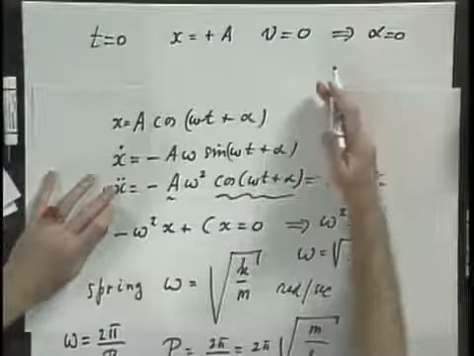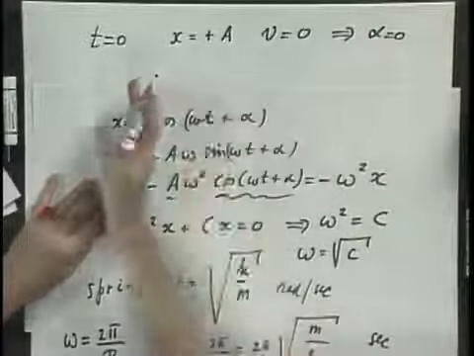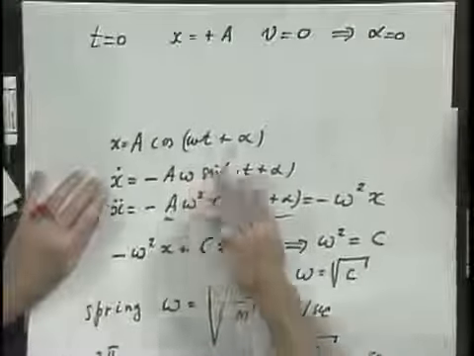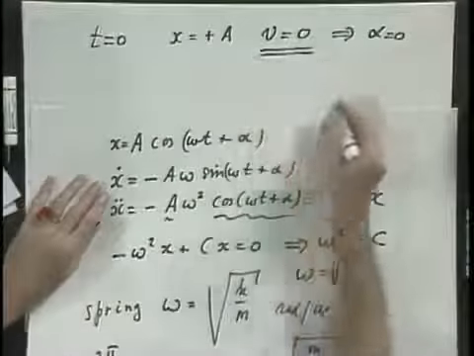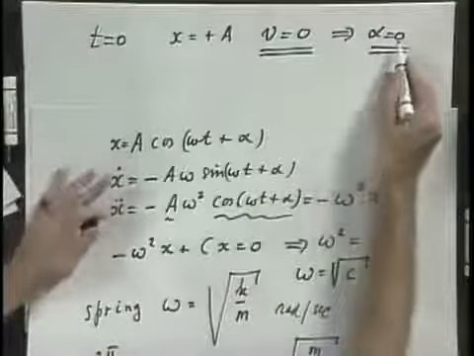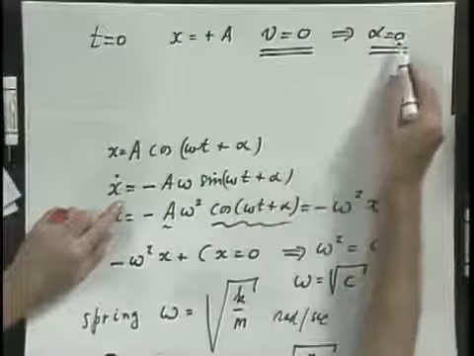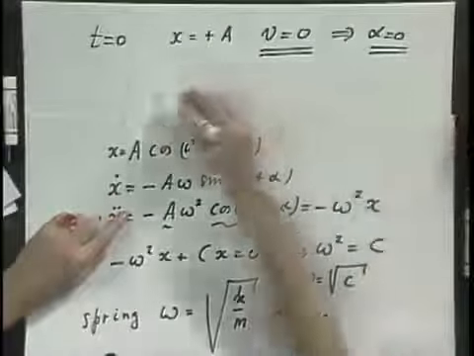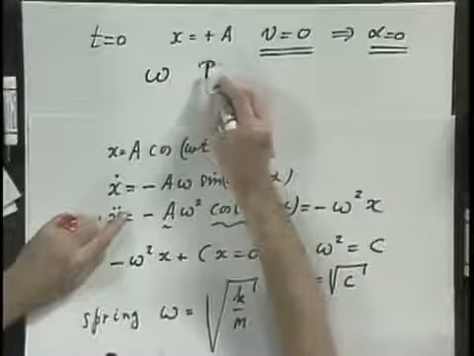A then is the amplitude of the oscillation. It's the maximum displacement in one direction, and then it is the maximum displacement in the other direction. But alpha is only 0 if you define it in this manner. If you define the time 0 at other moments of time, then alpha will not be 0. There is not that much physics in alpha. Really all the physics is in the omega and is in the period.